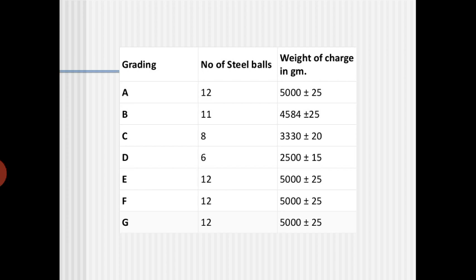For B grading a total of 11 balls, it is 4584 plus or minus 25. Then C, 8 balls, so it is 3330. Then for D it is 6 balls, for E it is 12, F it is 12, and G it is 12, and the weight will be similar, that is 5000 charge, in grams.